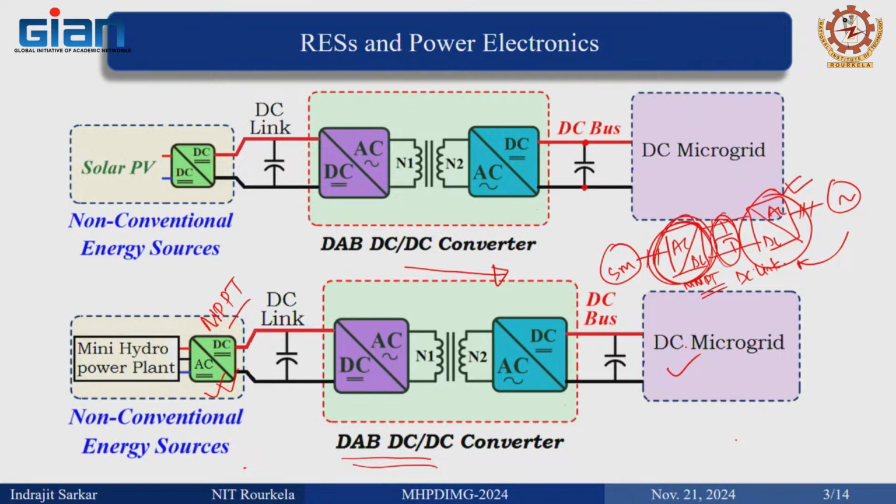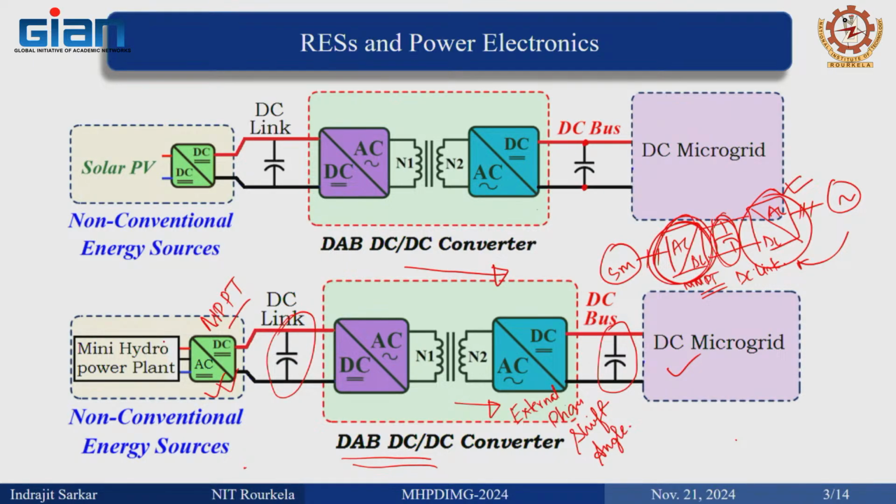Now, the two things that you need to think of is how to regulate this DC voltage. This DC voltage is already regulated, and there is a power flow which will depend on the external phase shift angle.